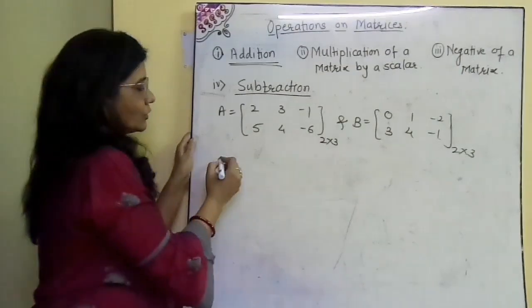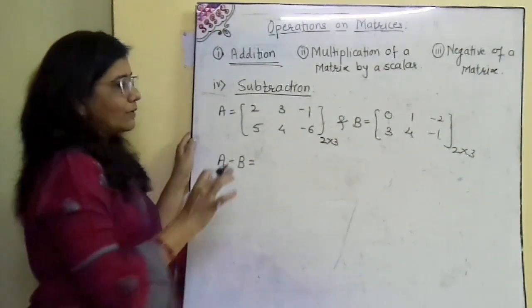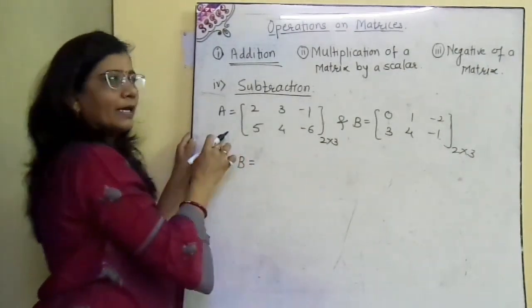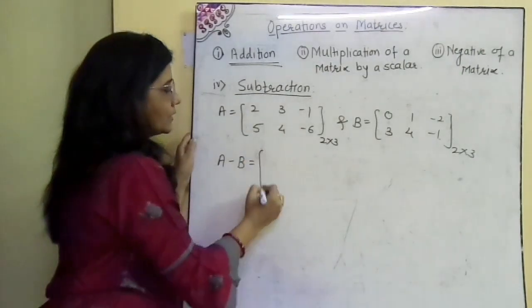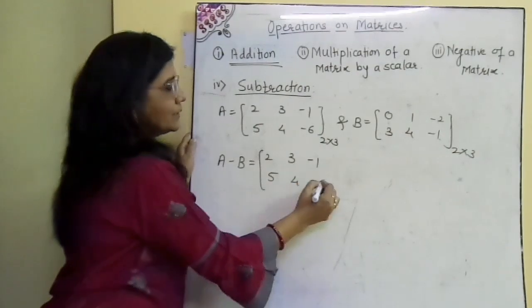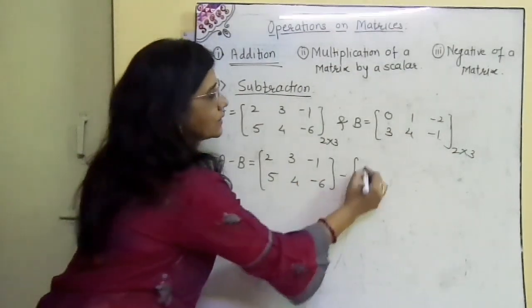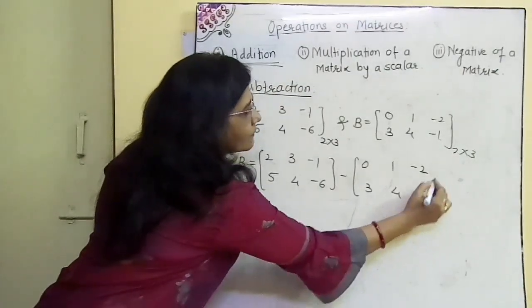So how to subtract? A minus B means, as usual, we have to subtract B from A. So A minus B is 2, 3, minus 1, 5, 4, minus 6, minus 1, 0, 1, minus 2, 3, 4, minus 1.